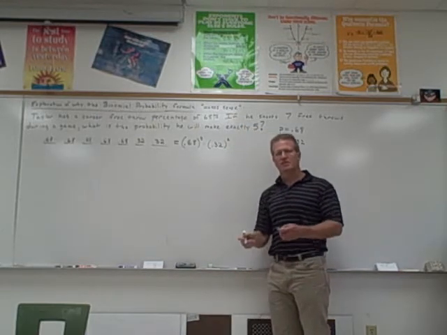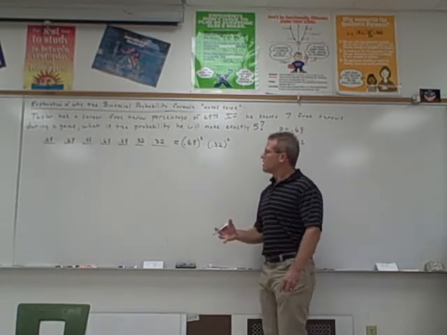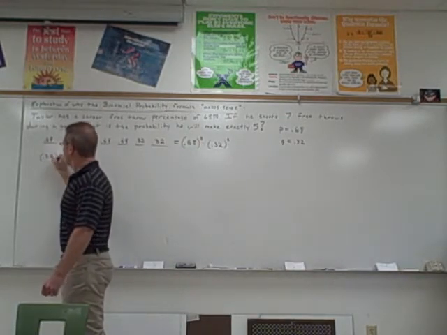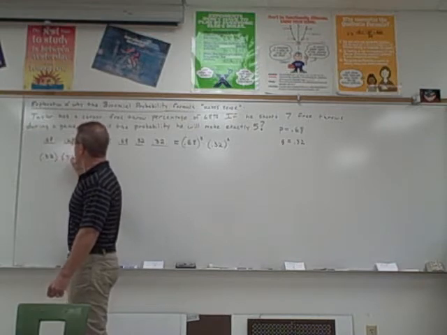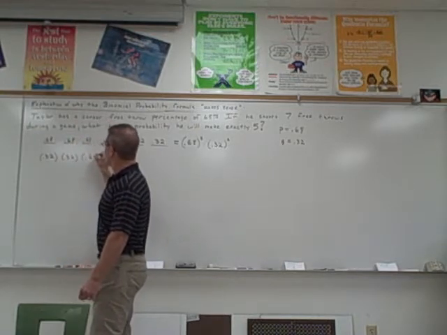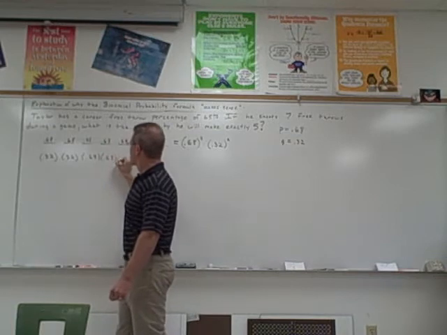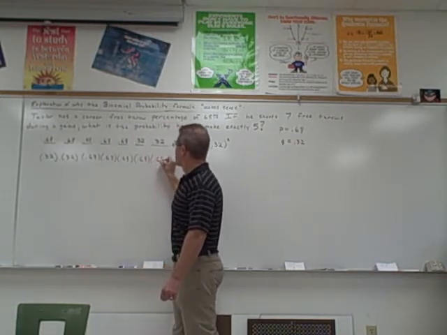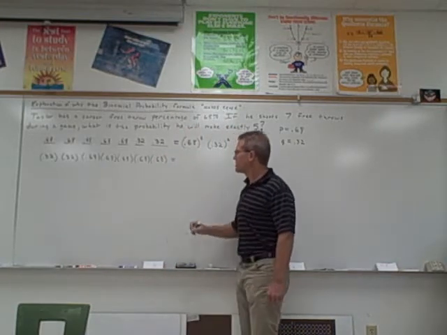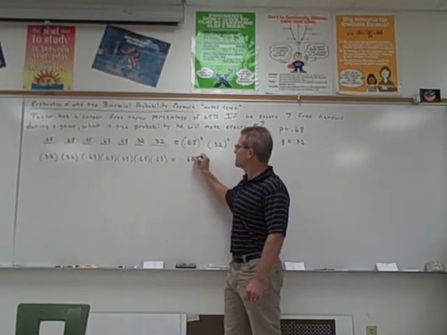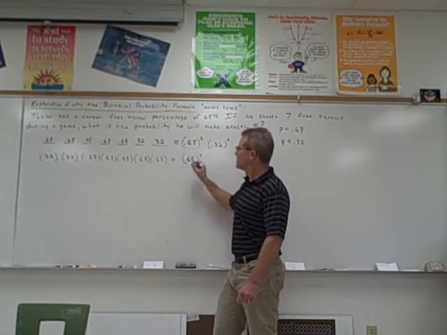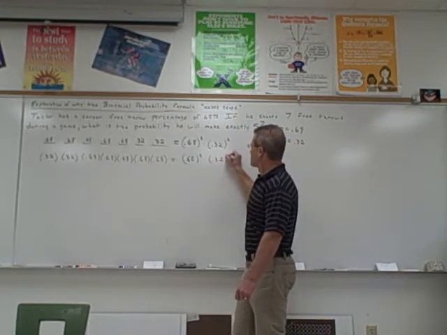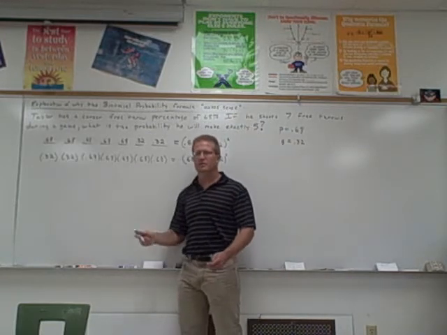Okay? But that's not the only way that this could happen, right? He could miss the first 2 shots. So he could miss the first shot, 0.32 chance of that happening, miss the second shot, and then he could make the rest. That's still 0.68 to the 5th power times 0.32 squared. But wouldn't you agree that that's a different way to do it?